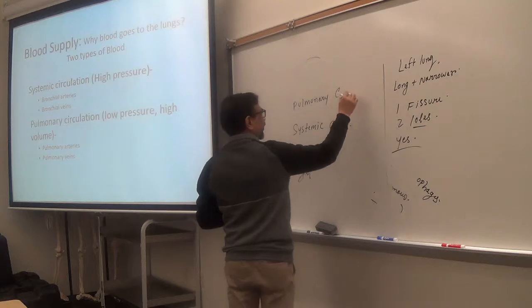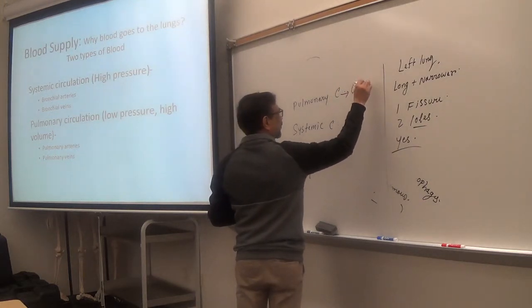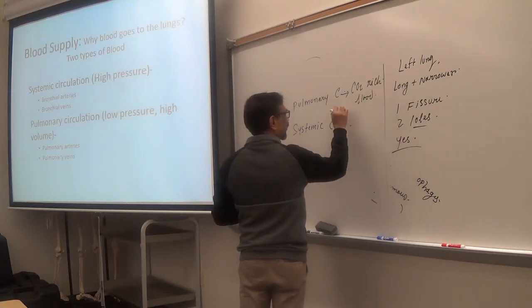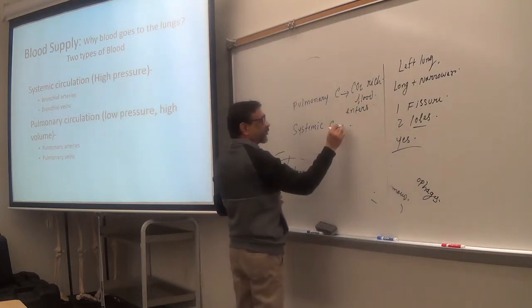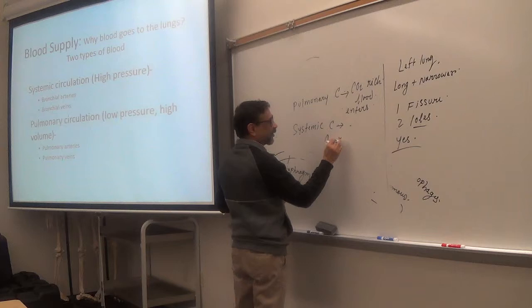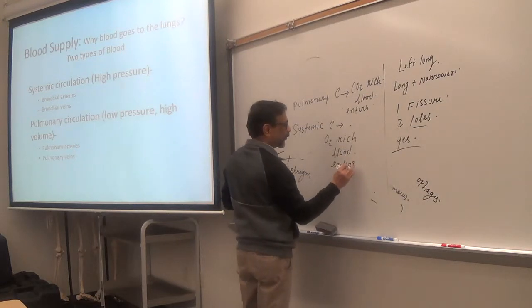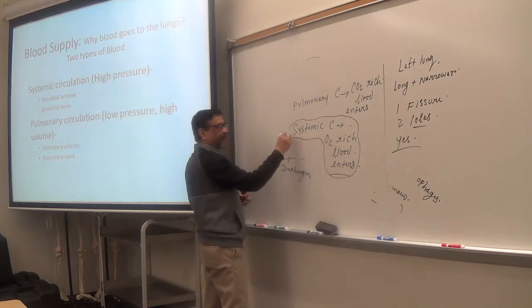In pulmonary circulation, deoxygenated blood enters into the lung. In systemic circulation, oxygenated blood enters into the lung. And this one is to give oxygen to the tissue of the lung.